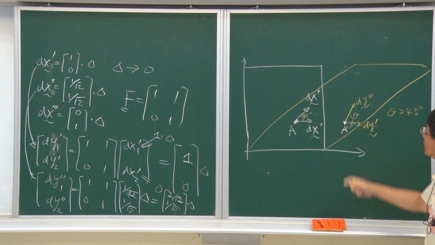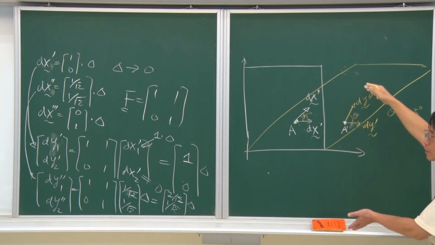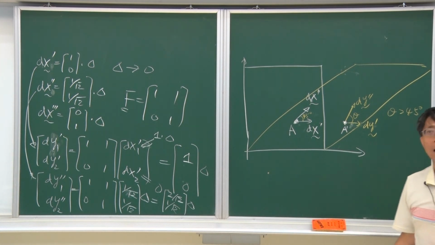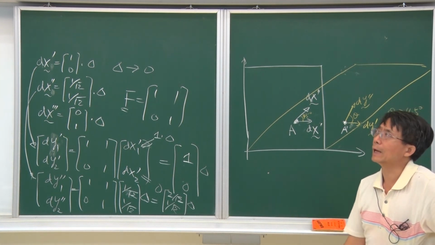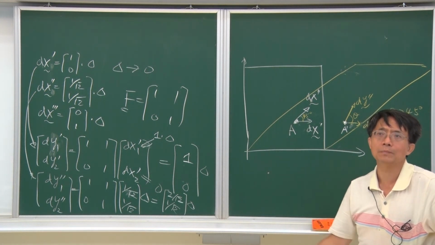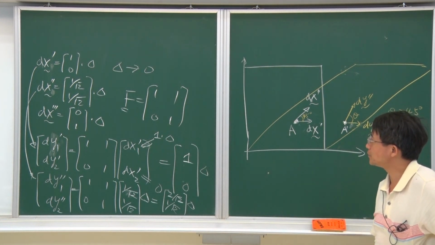Understand? So this material line has rotated and also prolonged a little bit. In this way, we can calculate the deformed position of every material line. I just give you some examples here.